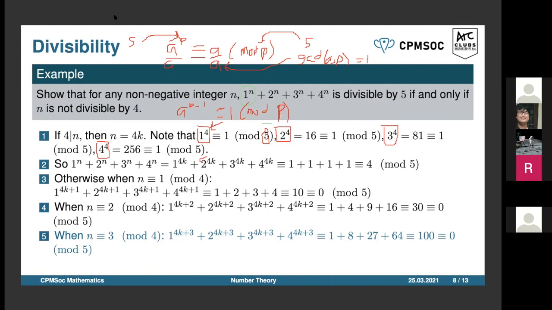Now if we go back to the problem, we can deduce that all these numbers to the power 4 are 1 mod 5 without doing any computations, because the numbers 1, 2, 3, and 4 are all not multiples of 5.